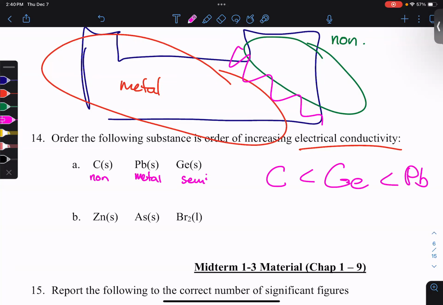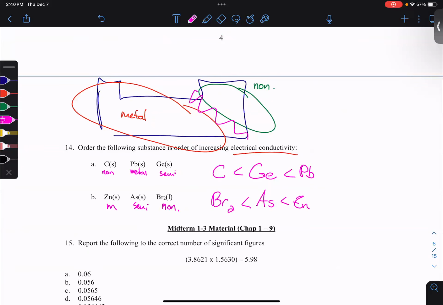Lead is most metallic, carbon's the least metallic. All right, zinc, arsenic, bromine. Zinc is a metal. Arsenic's a semi. Bromine's a non-metal. And that's how we approach that. So this is going to be bromine, arsenic, zinc. Metals conduct, non-metals don't, as much. Okay, all right, so that's it.